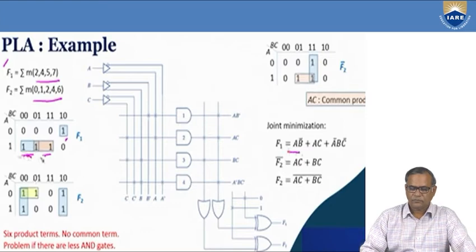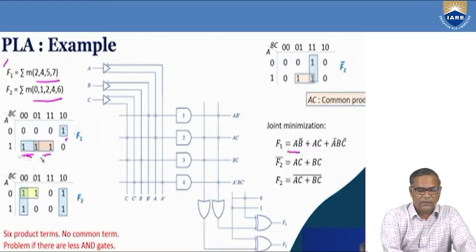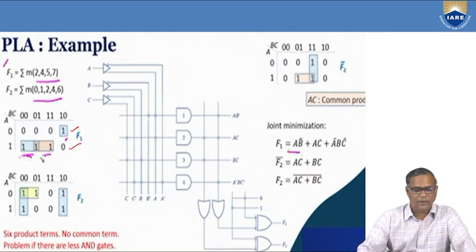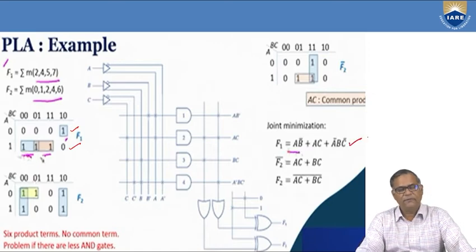For F1, you see here 2, 4, 5 and 7. So this is the K-map for F1. F1 is equal to A B bar plus AC plus A bar B C bar. So this is how you get the function.